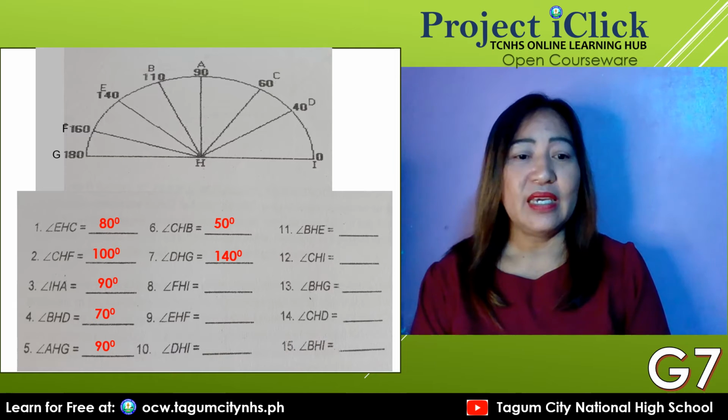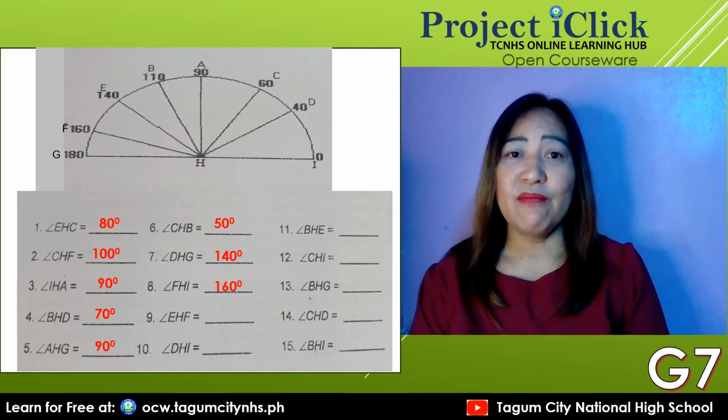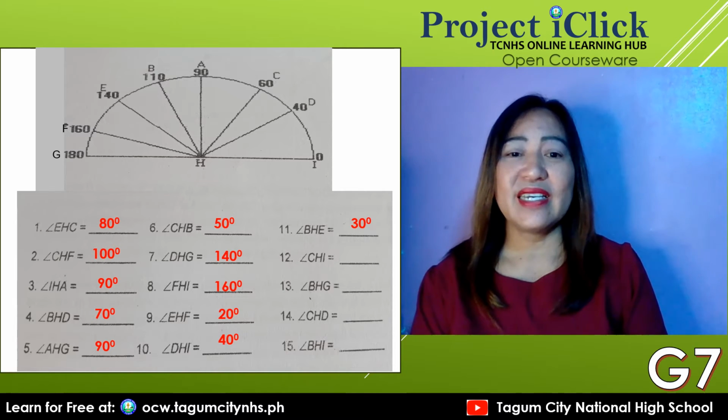Angle FHI measures 160 degrees. Angle EHF measures 20 degrees. Angle DHI measures 40 degrees. Angle BHE measures 30 degrees.